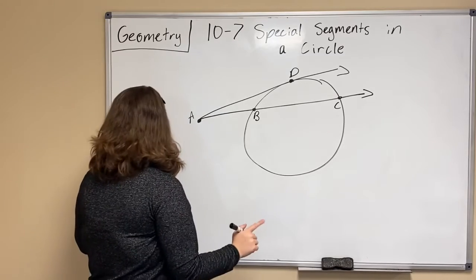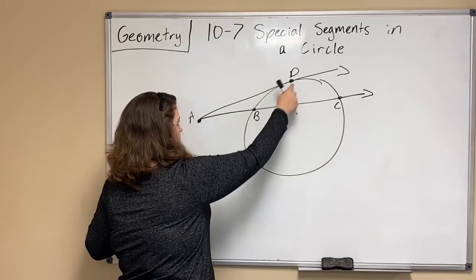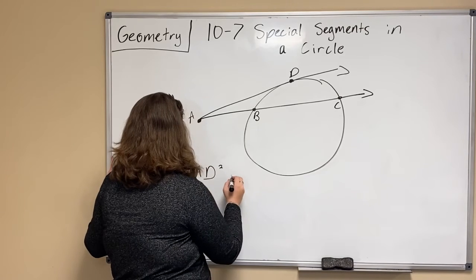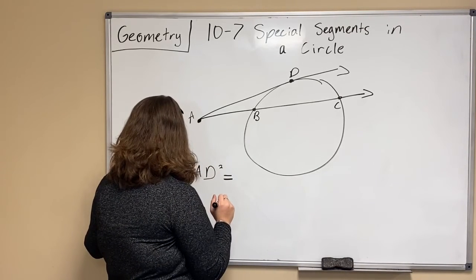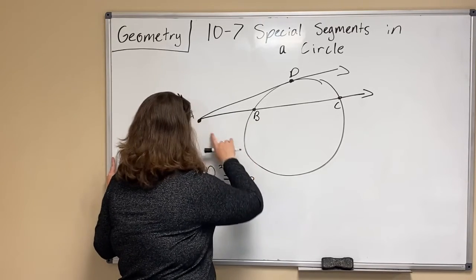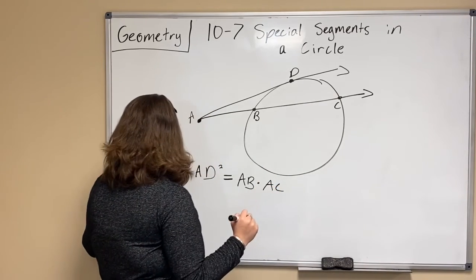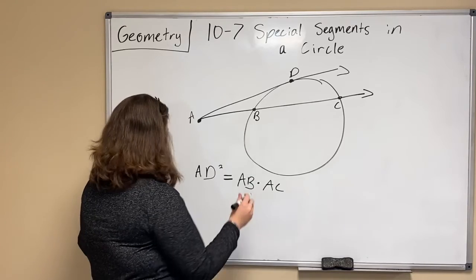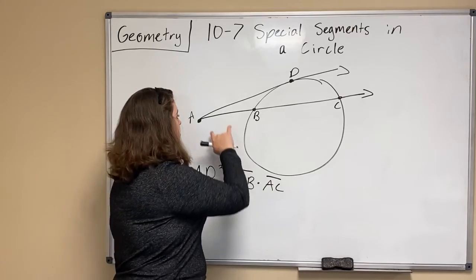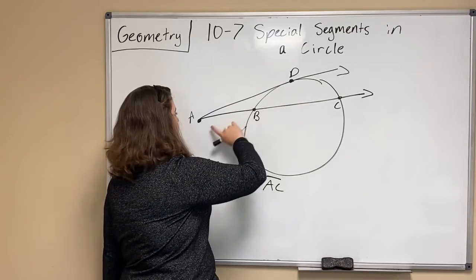So our new formula for this is: our tangent, the line segment here, A to D, squared, is going to equal AB, our external segment of our secant, times our whole secant there. Hopefully that makes sense, because this one is not being split into two pieces. We'll only have one value for our tangent.